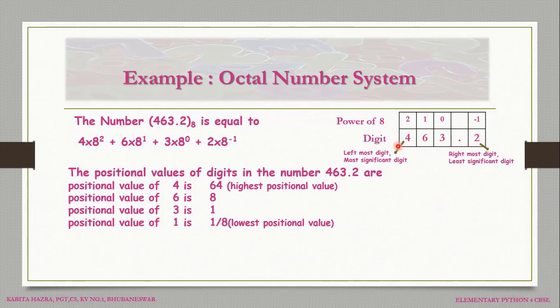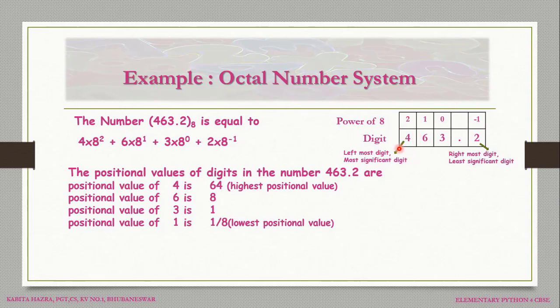463.2 is an octal number, so we can say the digit which is immediate left of the decimal point will have the positional value 8 power 0. The next one, 6, will have positional value 8 power 1. The next one, 4, will have a positional value of 8 power 2. The digit which is to the right of the decimal point will have a positional value 8 power minus 1.